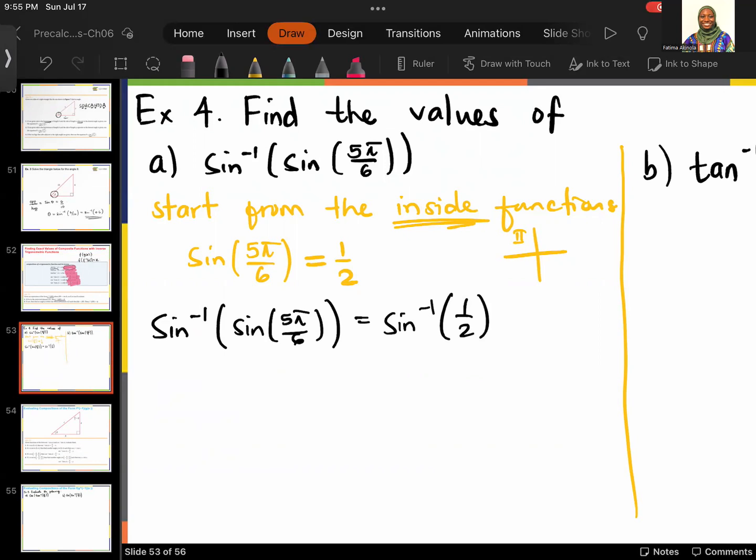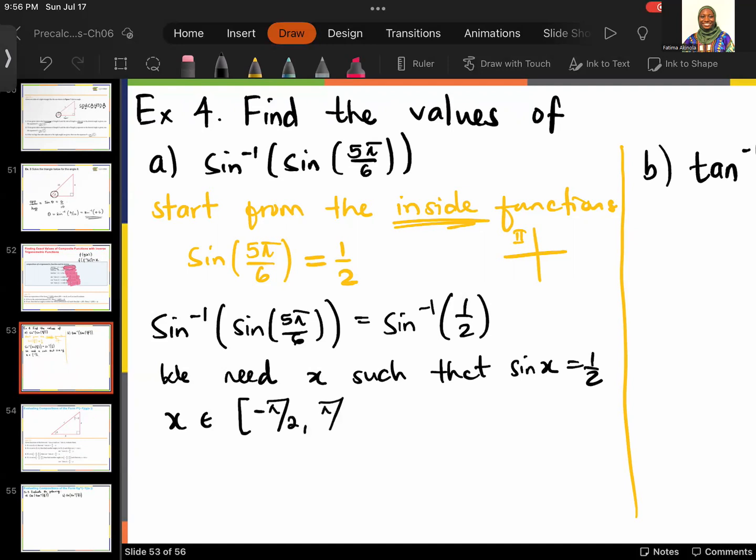And now this brings us to the problem that we've been solving since the beginning: we need x such that sine of x is 1/2. Remember how we've been solving inverse trig problems from the beginning? That's how you want to come back and do this. But x has to be within -π/2 and π/2 because this is the restricted domain for the inverse function.